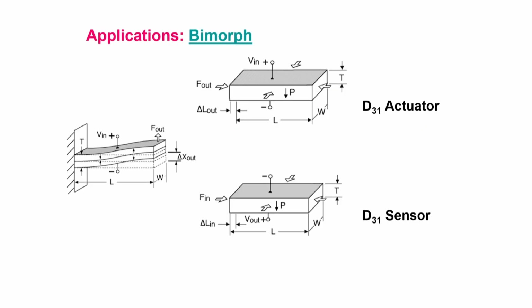Now, in this direct effect, the piezoelectric material can be used as a bimorph, which can sense the change of the deformation in the system, and we can get it as a D31 sensor. As I told you, every piezoelectric material can be used as a sensor as well as an actuator, but in this case we are using it as a sensor to sense the change of force and then get it in terms of the voltage.